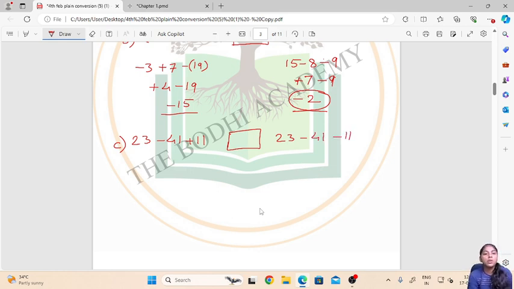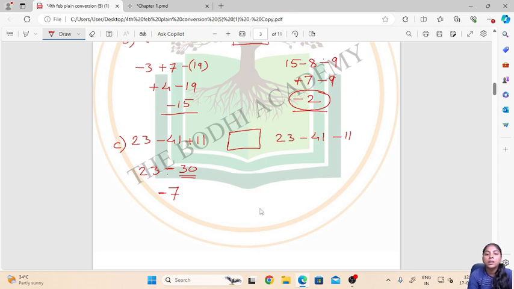So here what it will become is 23 - 41 + 11, it will become -30, and then 30 - 23 will be 7, and we have to put the sign of the greater number, so it will be -7.